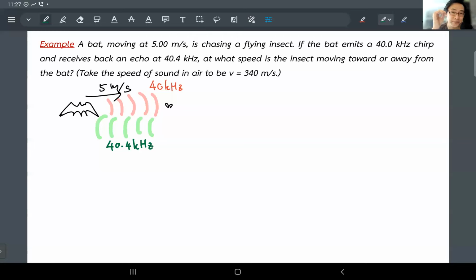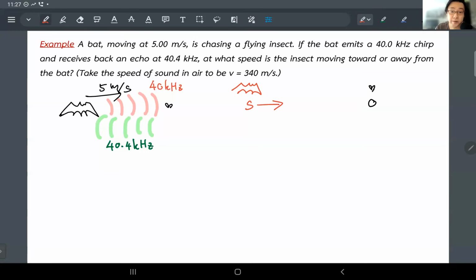You have to break this into two halves. In the first half, the bat will be the source and the insect will be the observer. So in that case, the bat will be moving.